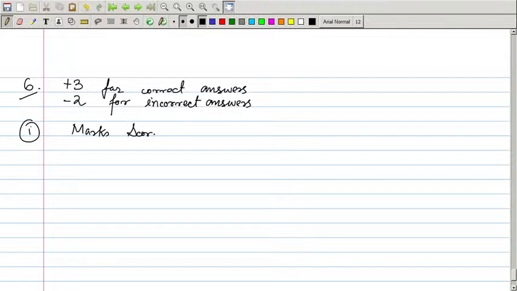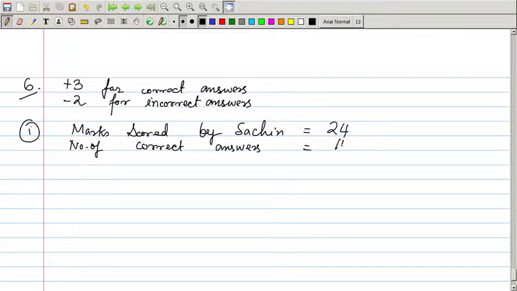Marks scored by Sachin is equal to 24. If he got 14 correct answers, how many questions has he attempted incorrectly? So number of correct answers is equal to 14.